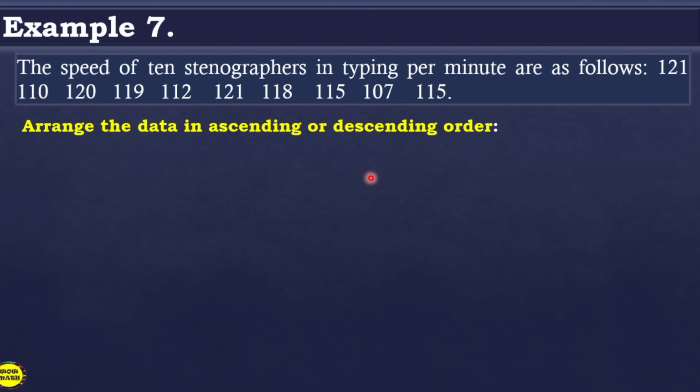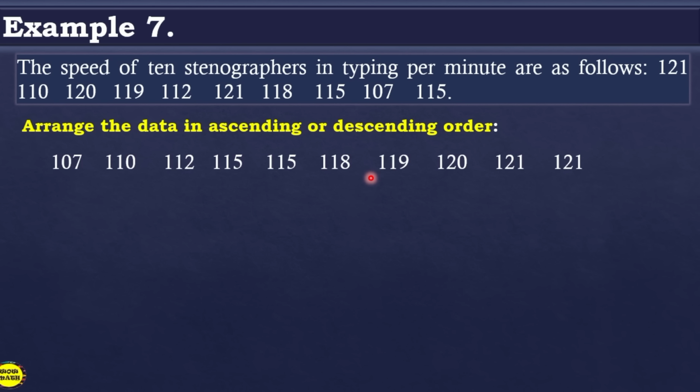So, ganun din gagawin. I-arrange natin in ascending order or descending order. So, nasa sa inyo yun. Now, makikita natin, nung in-arrange natin, meron tayong dalawang 115 and then meron tayong dalawang 121. Paano yan? Pareho sila.